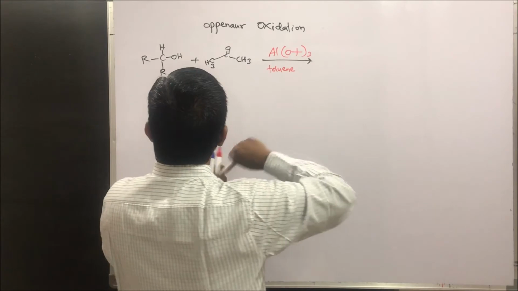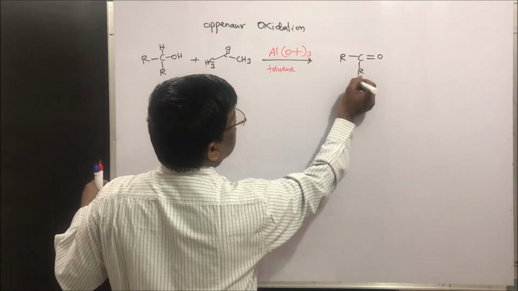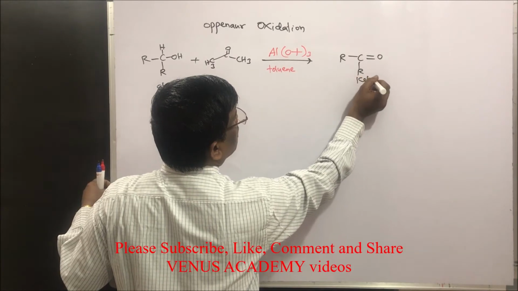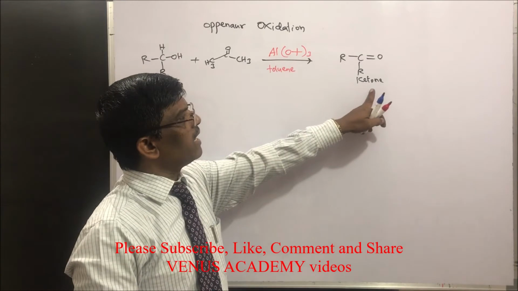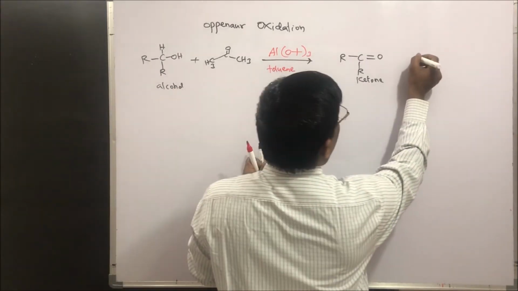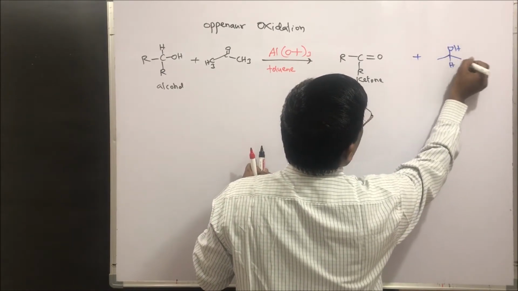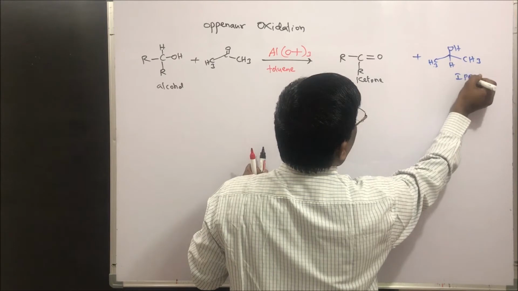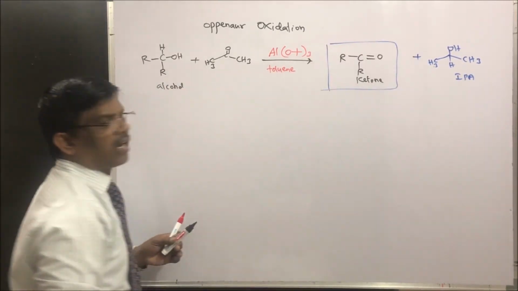I am going to get here alcohol, and this is ketone. It is the oxidation of alcohol to ketone, and this is going to be obtained as the byproduct of isopropyl alcohol, IPA. Yes, this is the product we are going to get as the oxidized product.